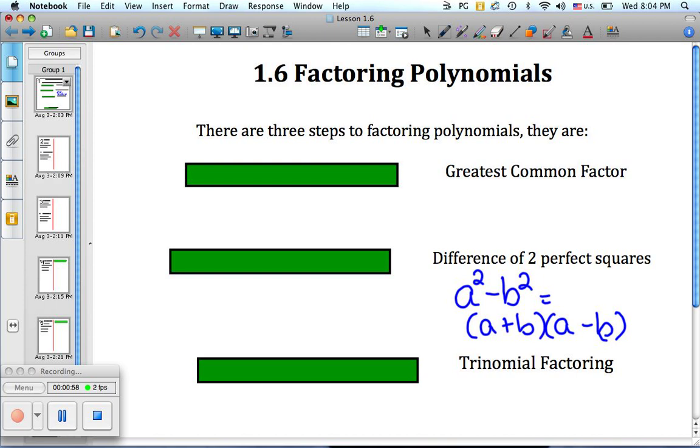Trinomial factoring is when you have something like a squared plus 2ab plus b squared, and you have to break it down into a binomial multiplied by another binomial. This is the type of factoring most students didn't enjoy. The other two are pretty easy. Alright, so I'm going to go through some examples of greatest common factor, difference of two perfect squares, and trinomial factoring, and then we'll hit on the new one.